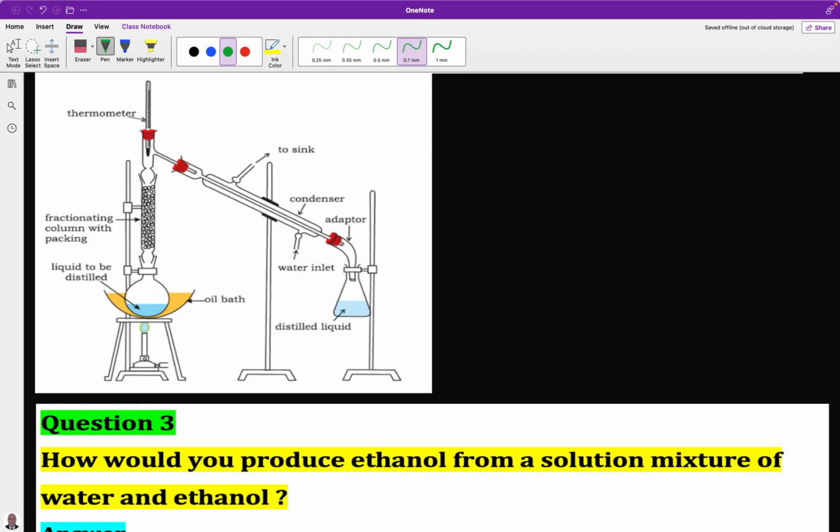When it gets to the boiling point of that substance, we stop the heating and allow only that substance to evaporate. And when it is evaporated, it goes into the condenser. Cooling takes place, and now it is collected as distilled liquid.